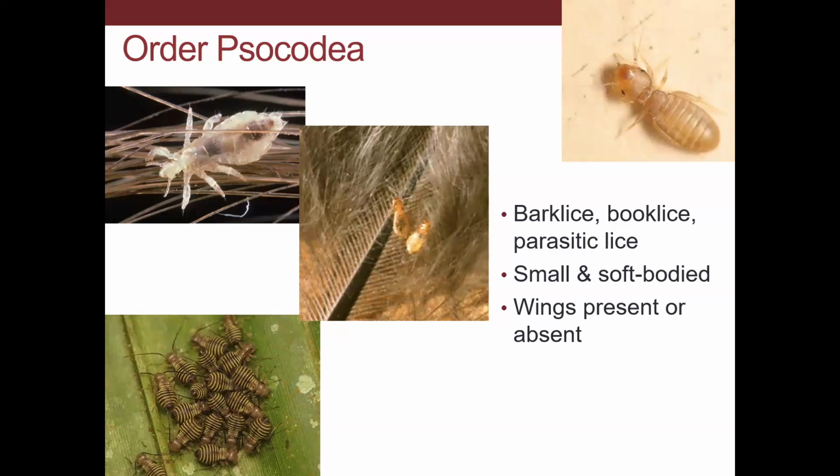These are typically going to be small, soft-bodied insects. They have long, skinny antennae. And with the book lice, they are generally wingless. Some of the bark lice will have wings. But the big thing for me, the way that I look for book lice, is they have what is called an enlarged clypeus.